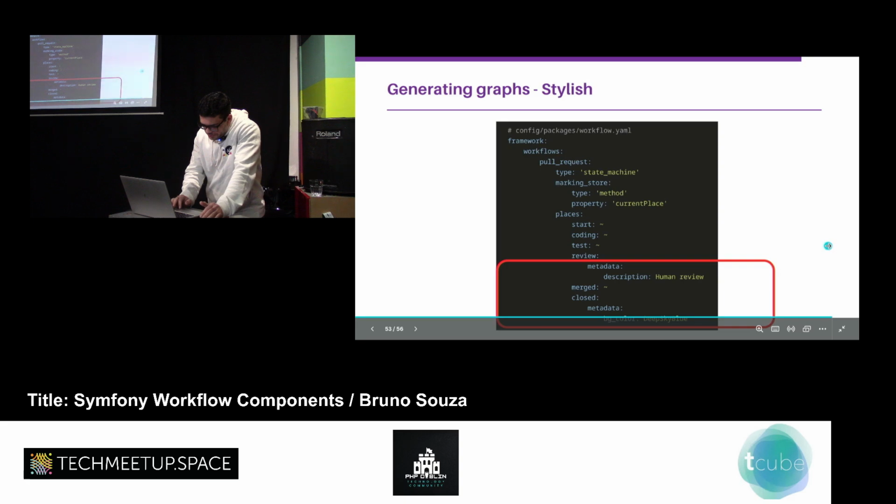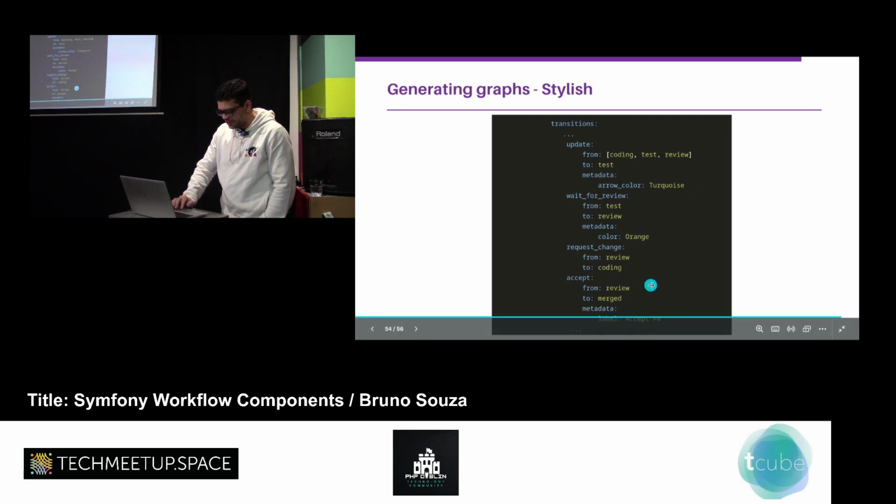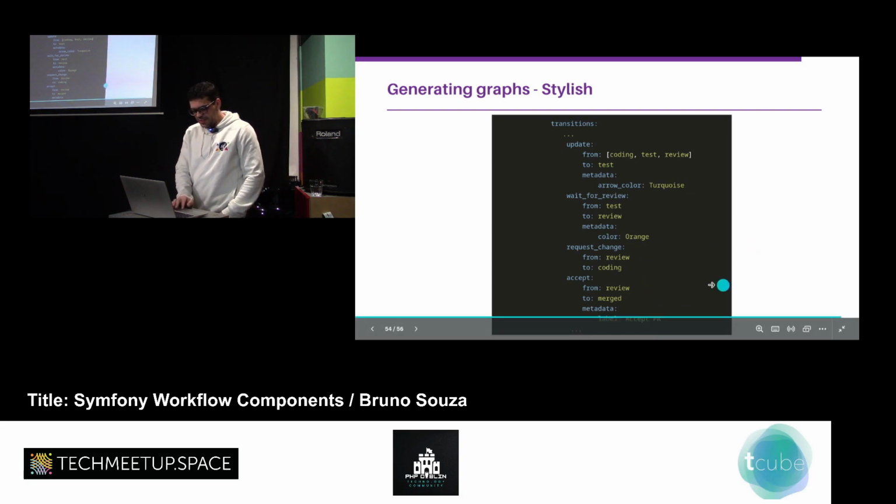And also for closed, I have a new background color, deep sky blue. Also for other states here, like update, I have new metadata for the arrow color, turquoise, wait for review as orange, accept with a new label called accept PR.